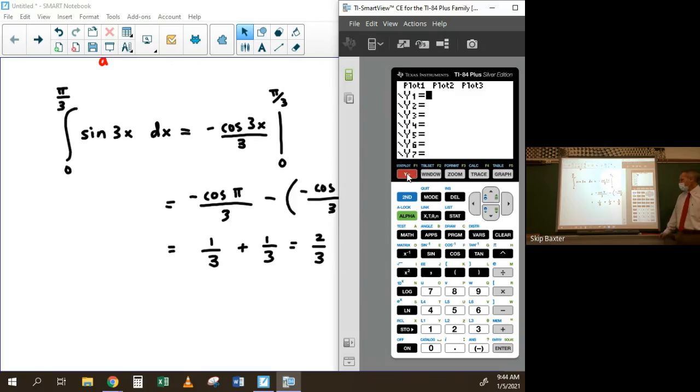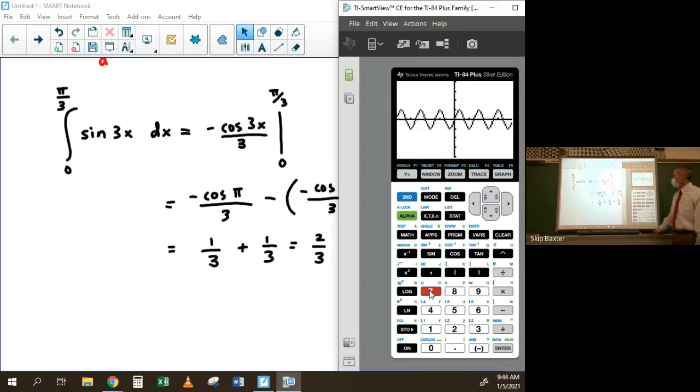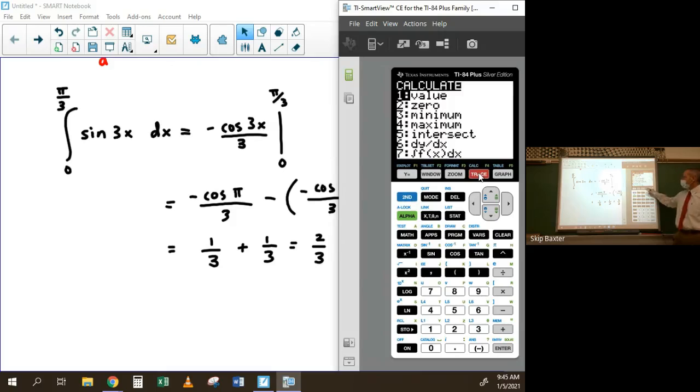Okay. The other way to do it is you could graph the function. So if I graph sine 3x, you have to graph the function in the domain that you're given, or at least including that domain. So you could be bigger than that. Like I could just do zoom trig or something. That way it'll be more than I actually need. And then I just do second calc, and choice 7 is definite integral.